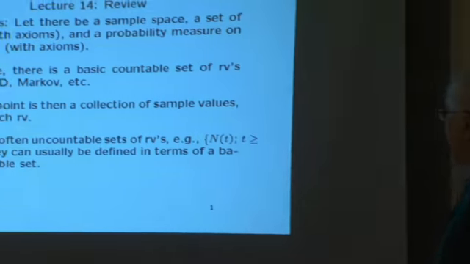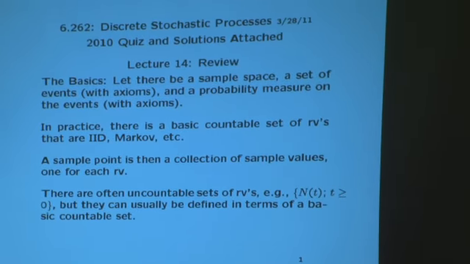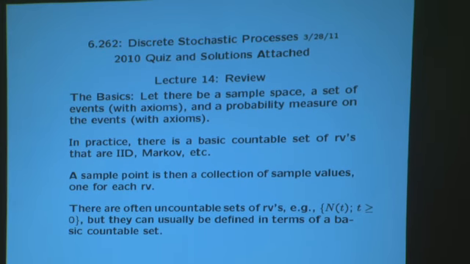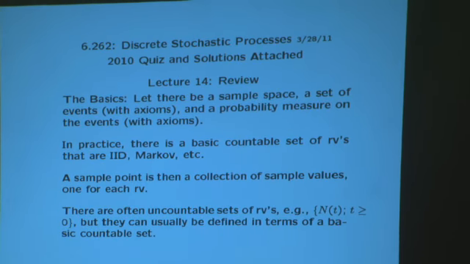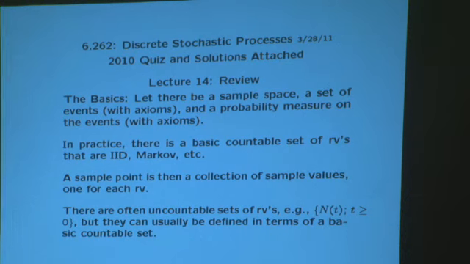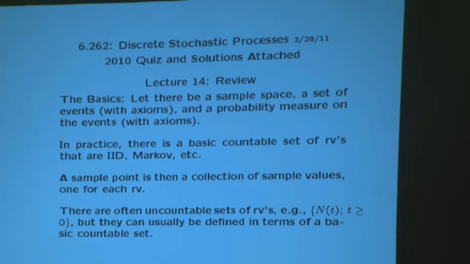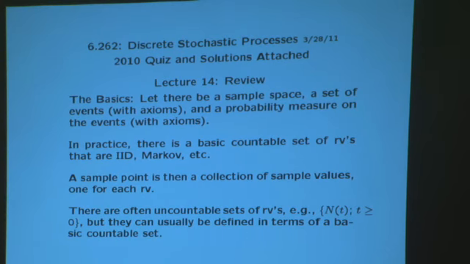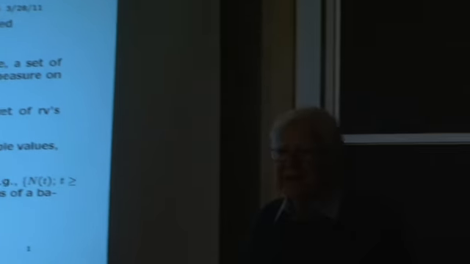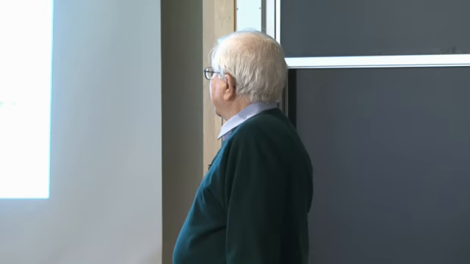Okay, but often we have uncountable sets of random variables, like in renewal processes. We have the counting renewal process, which typically has an uncountable set of random variables, the number of arrivals up to each time t, where t is a continuous valued random variable.